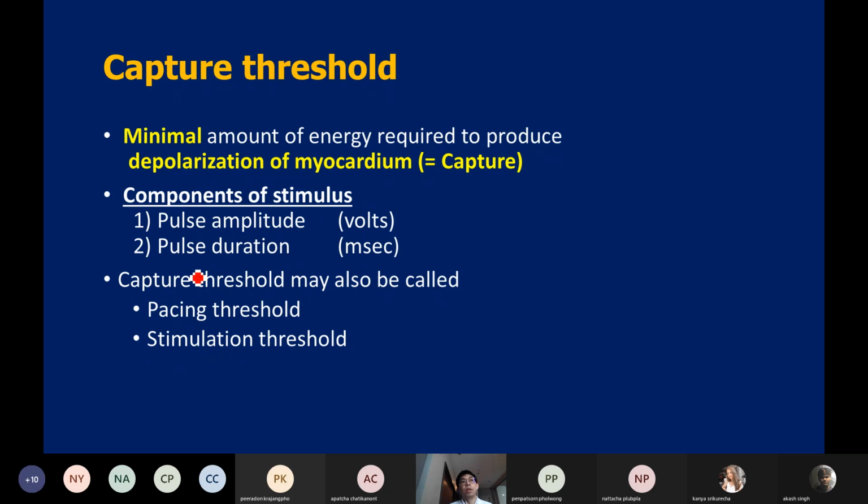For example, if you put a pacemaker in a patient and you pace at 5 millivolt, then it captures. You pace at 4 millivolt, it also captures. But you pace at 3 millivolt, the pacemaker does not capture the myocardium. So the capture threshold would be 4 millivolt.